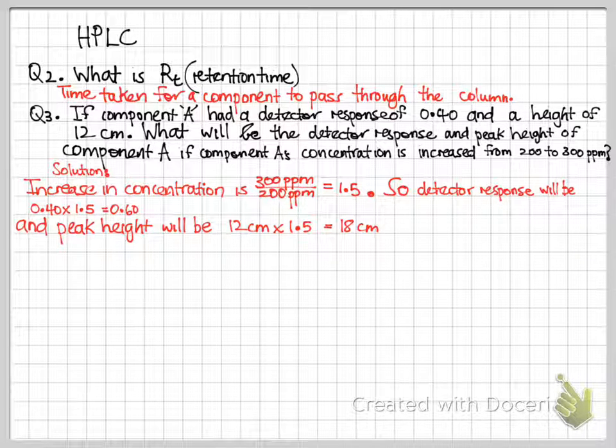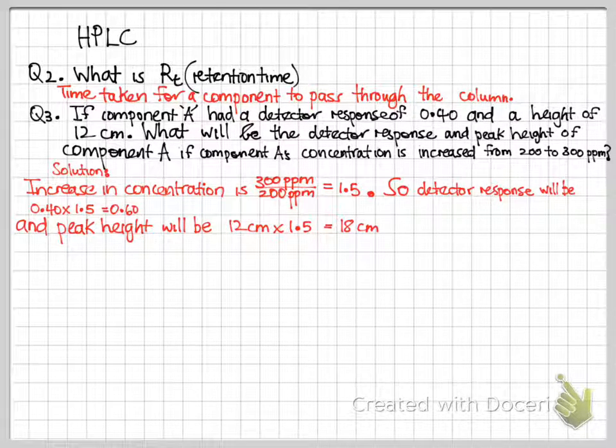The detector response is 0.40 and the height of the peak is 12 centimeters for component A. What will be the detector response and peak height of component A if component A's concentration is increased from 200 to 300 ppm? So obviously if we have a stronger concentration, we're going to have a higher peak, or a peak more than 12 centimeters.